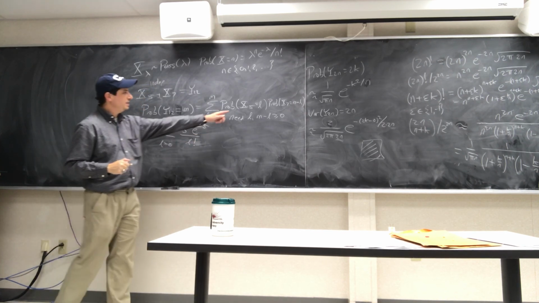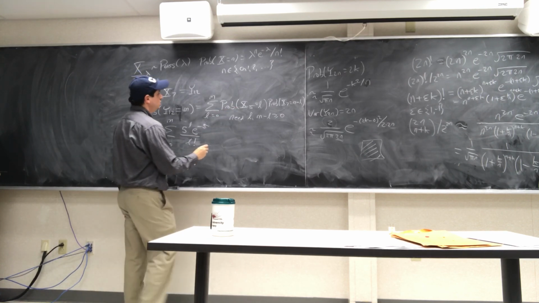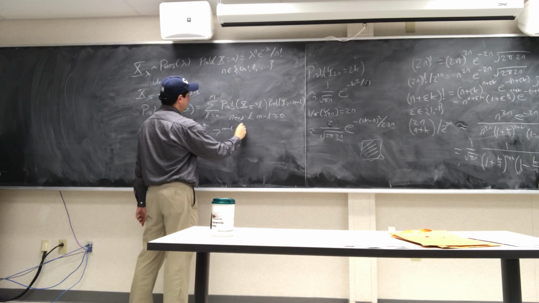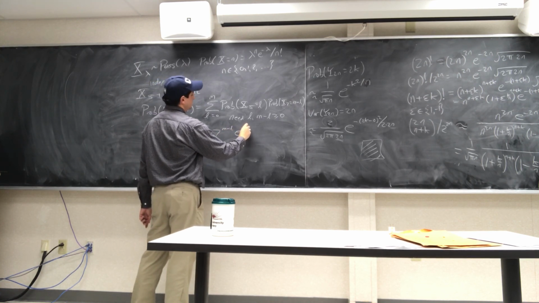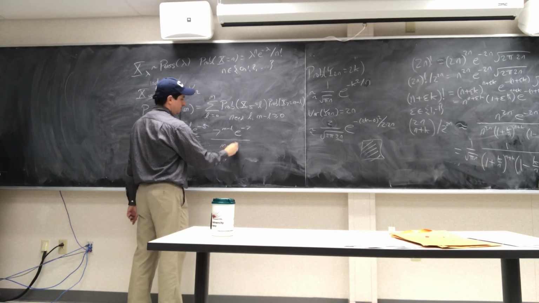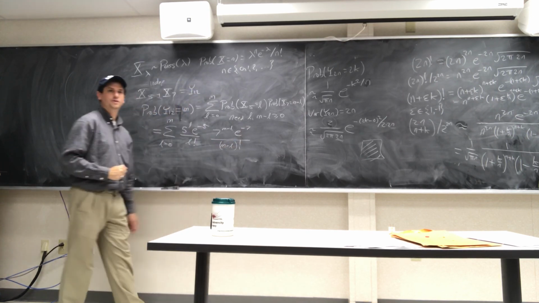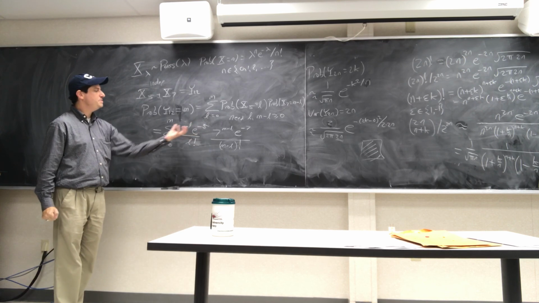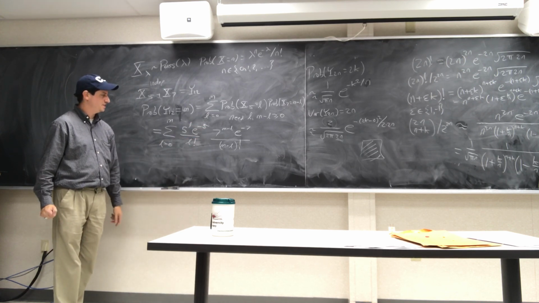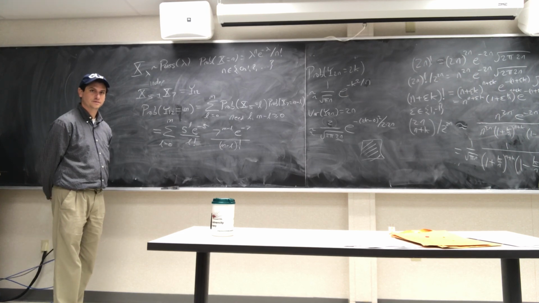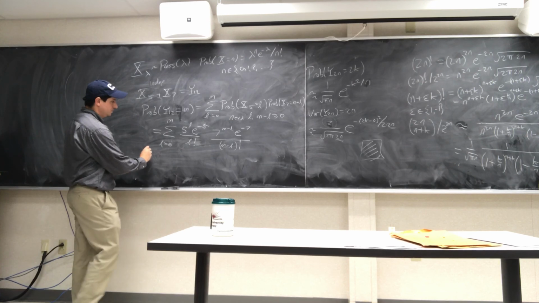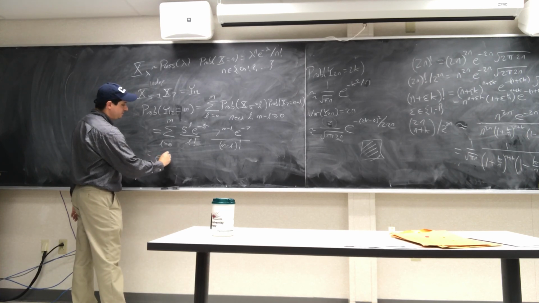And then the probability that x7 equals m minus L will be 7 to the m minus L, e to the negative 7 divided by m minus L factorial. It is screaming at you to pull out the e to the negative 5 and e to the negative 7. So we get e to the negative 12.